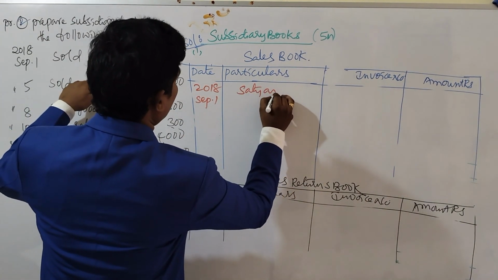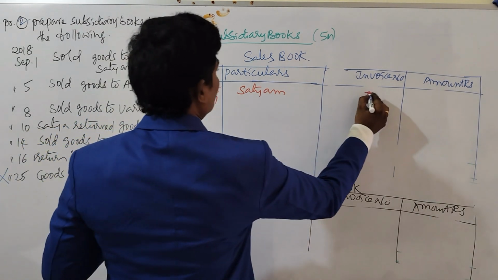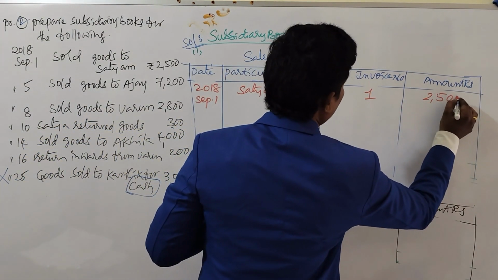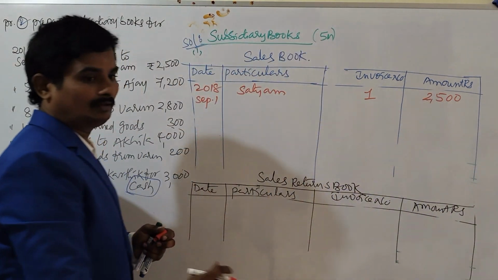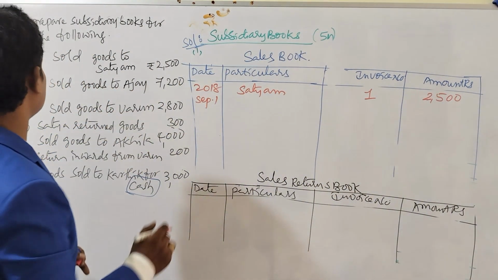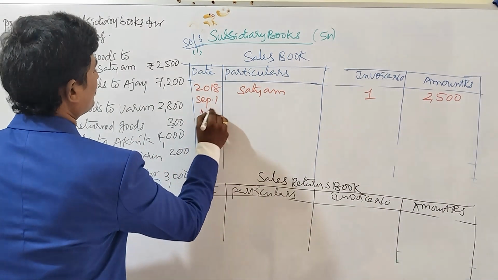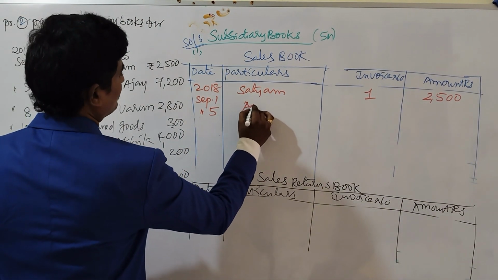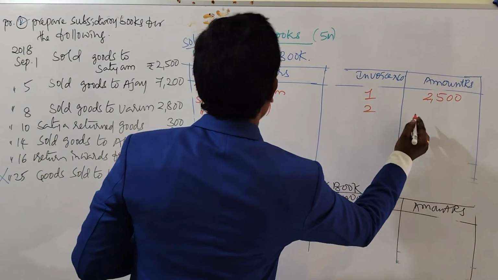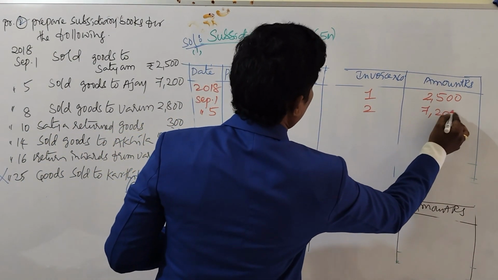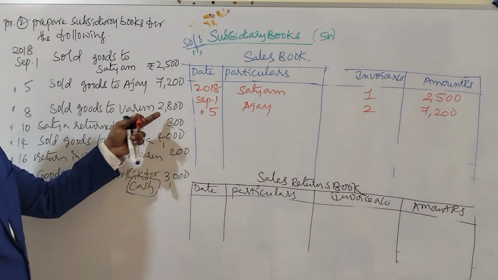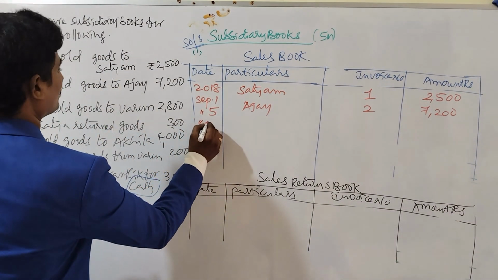Write Satyam's name in the particulars column, give serial number 1 in invoice number and 2500 in the amount column. Next, sold goods to Ajay. This is the second transaction, September 5th. Write Ajay's name and serial number 2 and amount 7200 in the amount column. Next, sold goods to Varun 2800 on 8th.